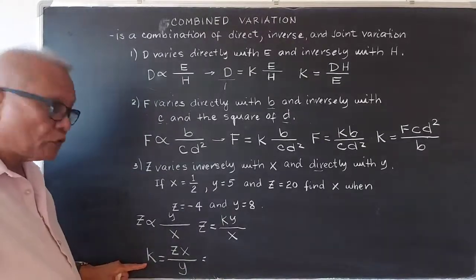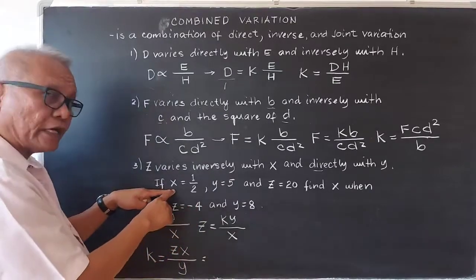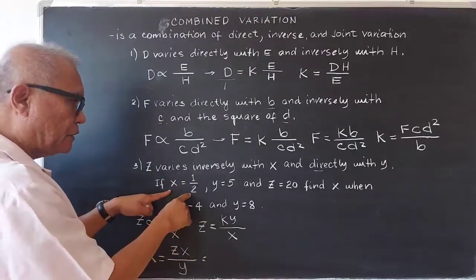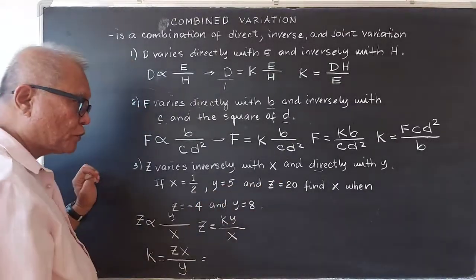First we solve for the K. So here no problem. If X is equal to 1/2 and Y is equal to 5, then Z is equal to 20.